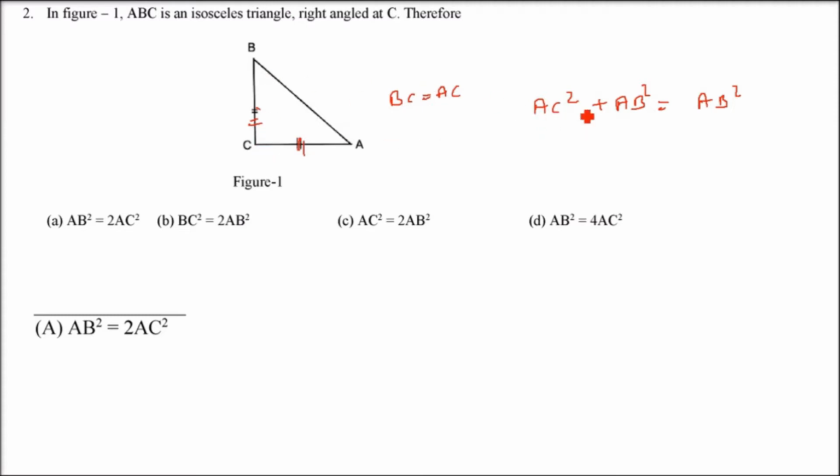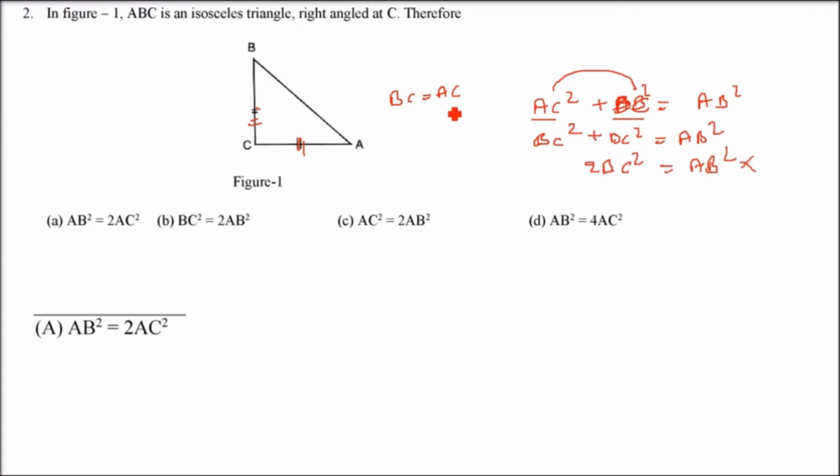AC equals BC. Now AC and BC are equal, so you can take either way. Either you can write AC as BC, so BC square plus BC square is AB square. So that is 2BC square equals AB square. Do we have any option here?